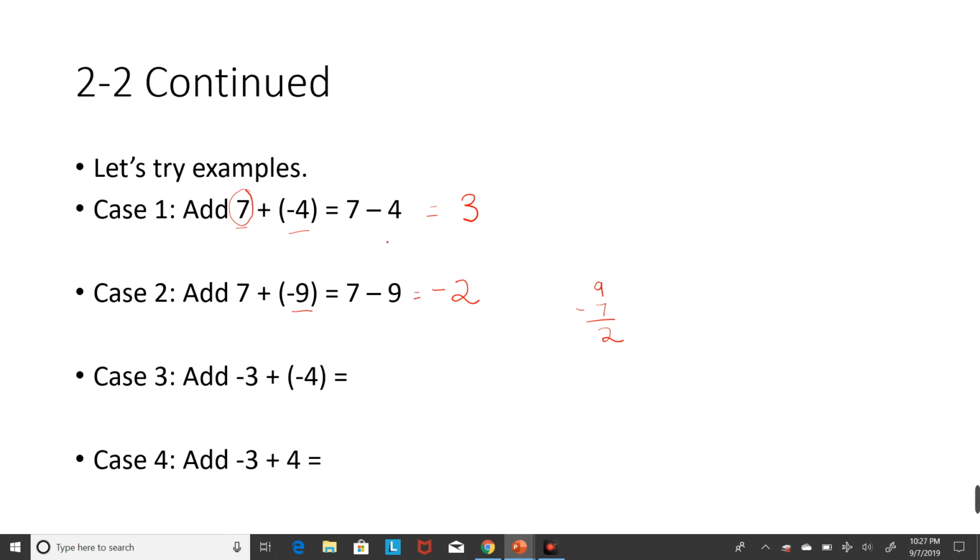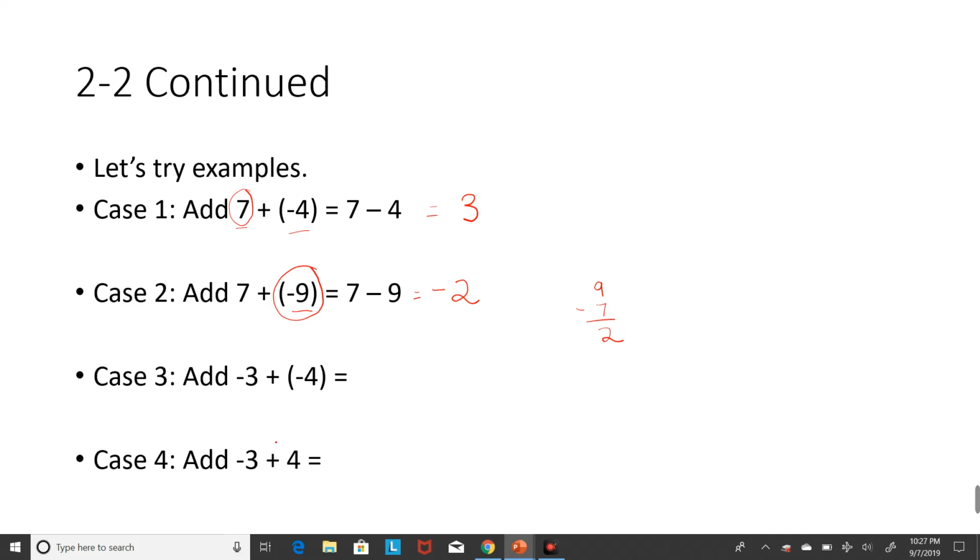And that's because the larger number is negative, so the sign comes from the larger number when you're adding signed numbers that are opposite, one being positive and one being negative.